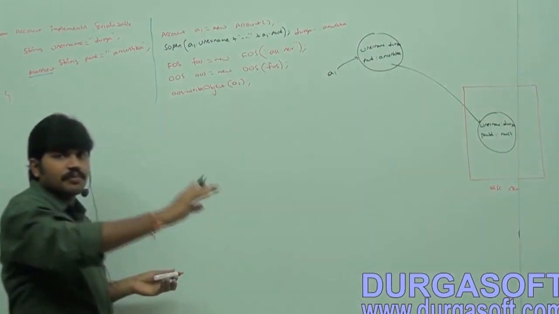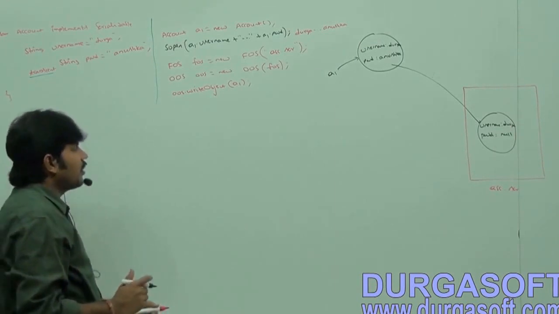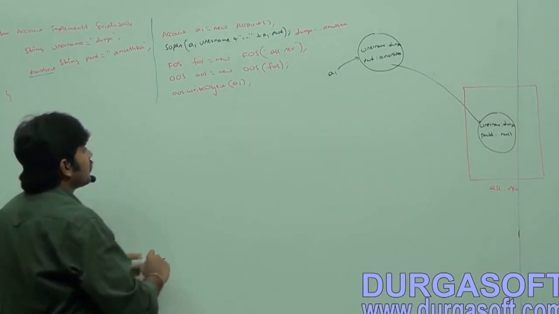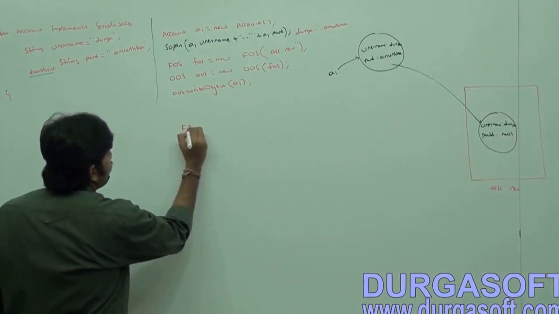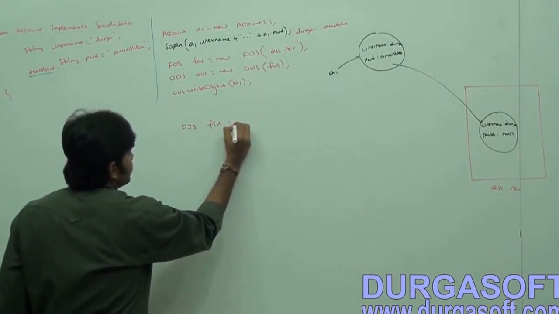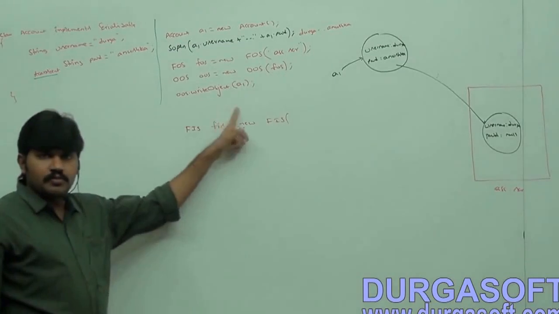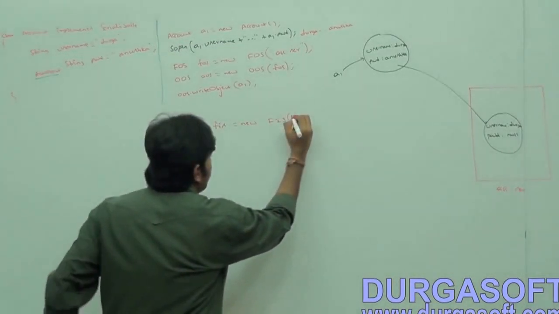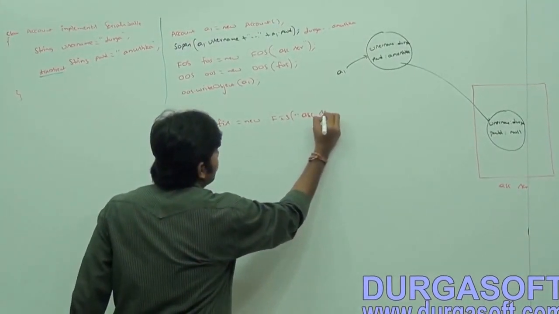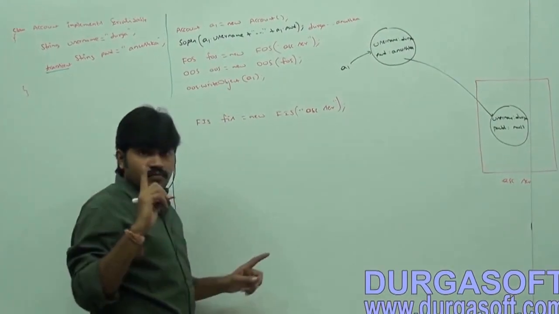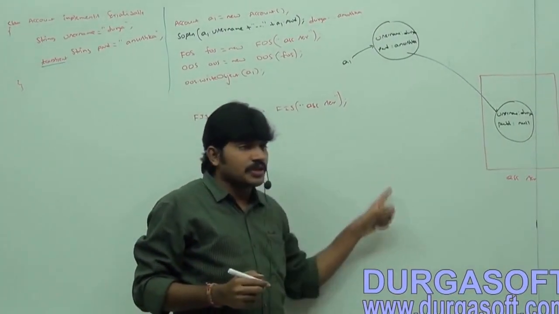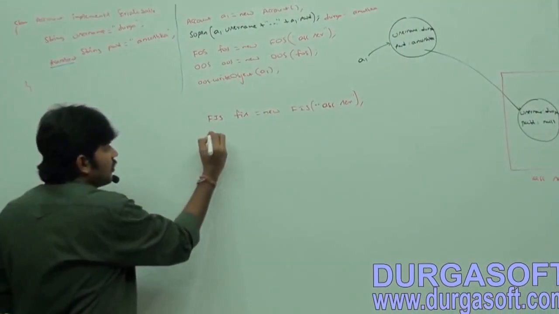Now let me deserialize this object. Can you spell out what the code is? FileInputStream fis is equal to new FileInputStream of abc.ser. From which file you want to read an object is nothing but abc.ser.